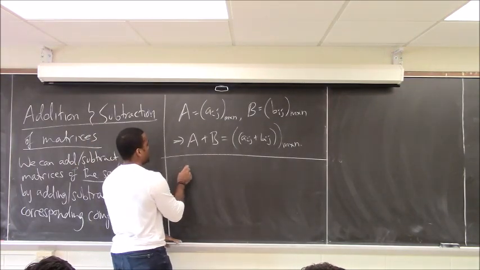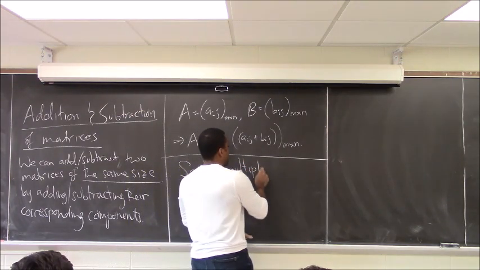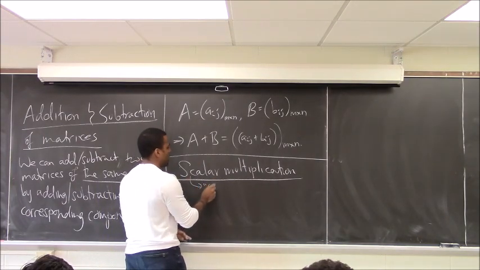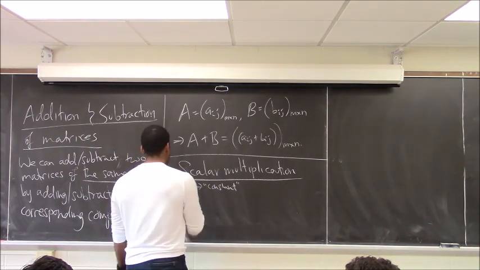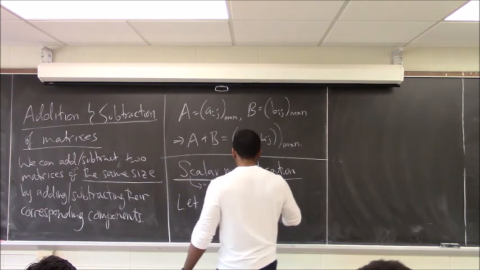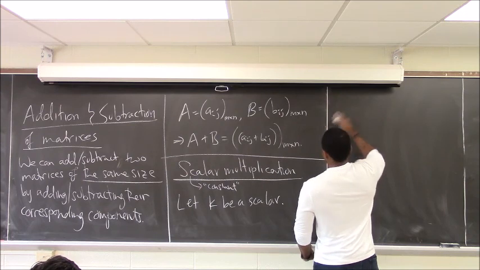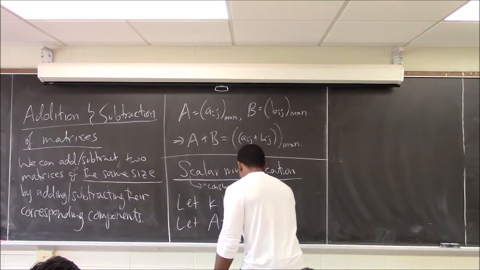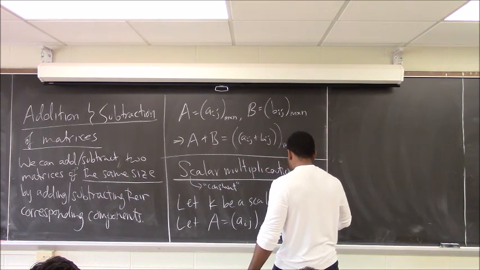There is something called scalar multiplication for matrices. Scalar is a fancy word for constant. So let k be a scalar, and let A equals a_ij be a matrix.